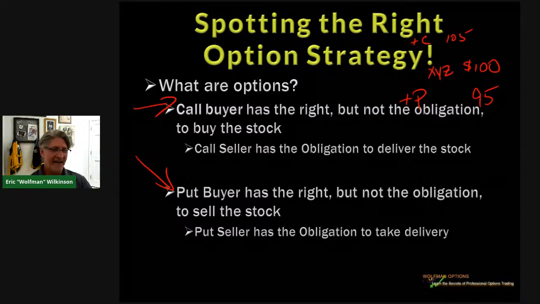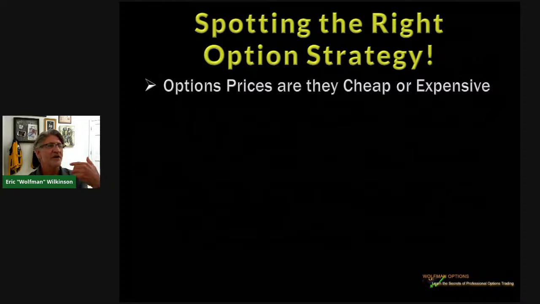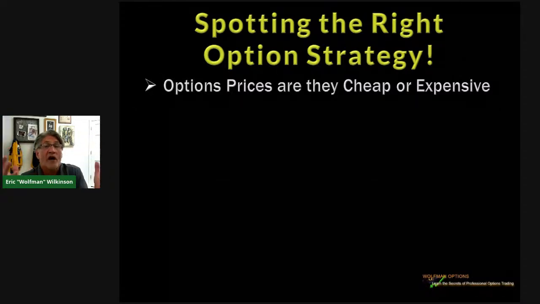All right. So when we're looking at option prices, we have to be a good steward of capital. We have to understand if prices are expensive or cheap, or if they are going to get more expensive or get cheaper, is really ultimately what we're going to look for when we're trading options.